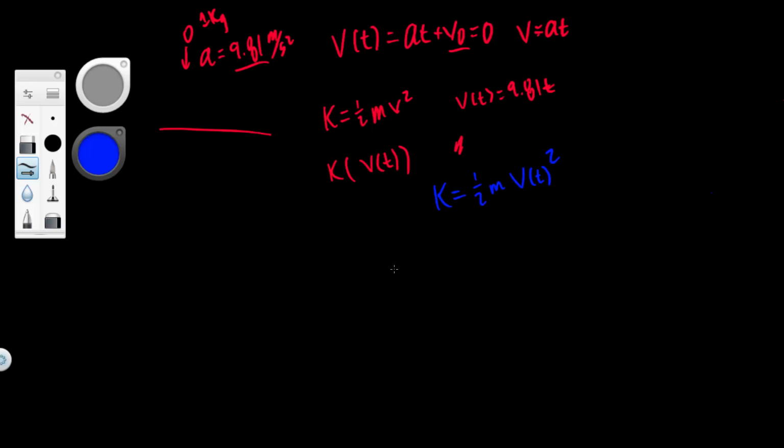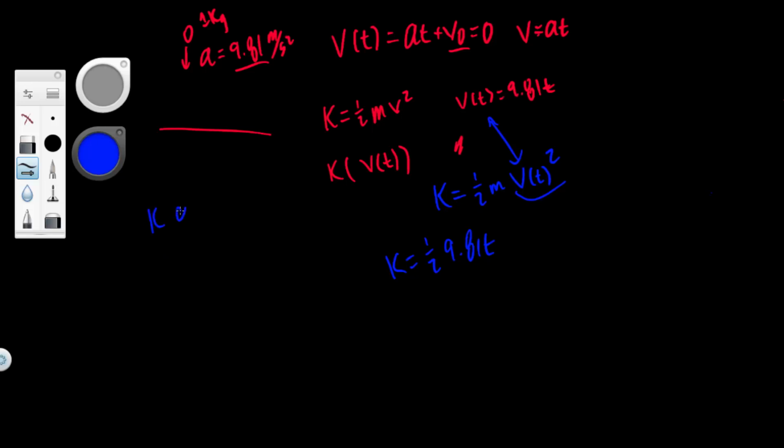And so we can write K equals, since the m is going to cancel because it's 1, half times basically v of t. So let's swap in, what is v of t? Well, it equals this. So now we can put in 9.81 t.